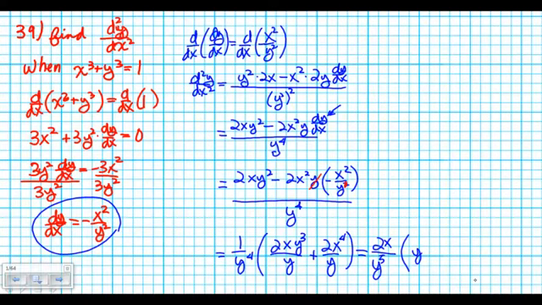A y cubed plus an x cubed. But going back to our very original equation, x cubed plus y cubed, that's 1. So my final answer is 2x over y to the 5th.